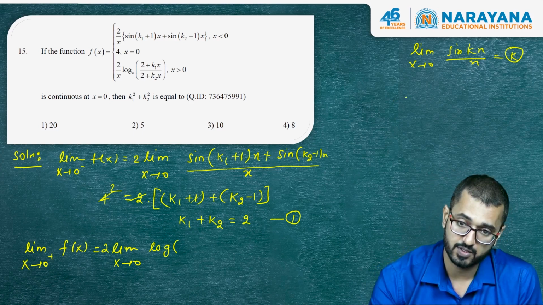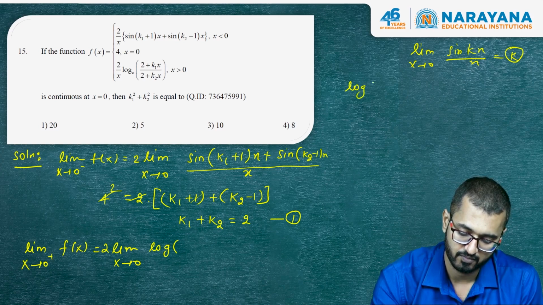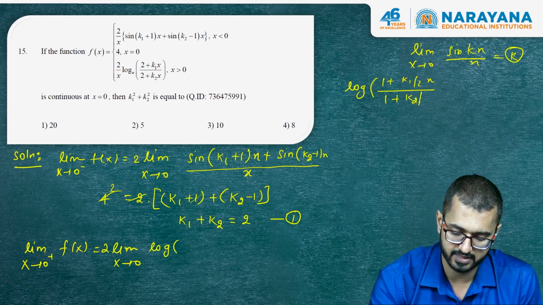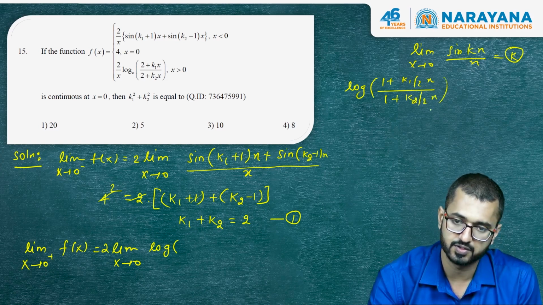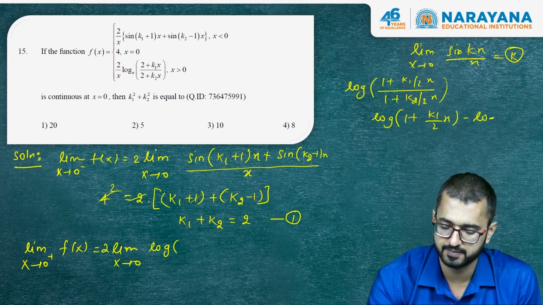You can do it that way also, or else you can simply take 2 common, so it will become log of 1 plus k1 by 2x and then 1 plus k2 by 2x. So this looks good, so that we can write directly log of 1 plus k1 by 2x minus log of 1 plus k2 by 2x.